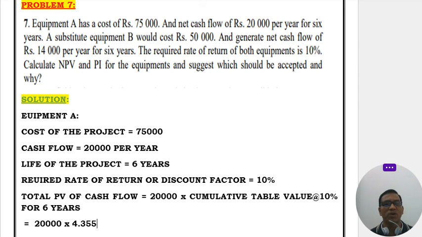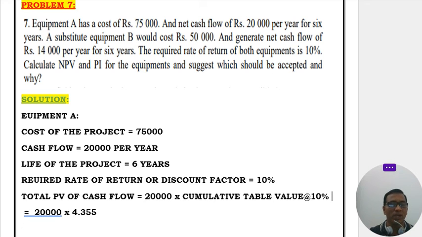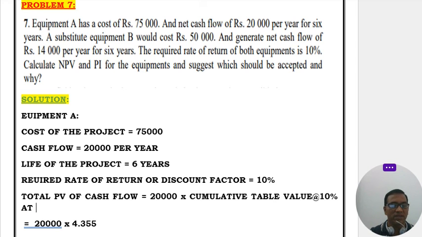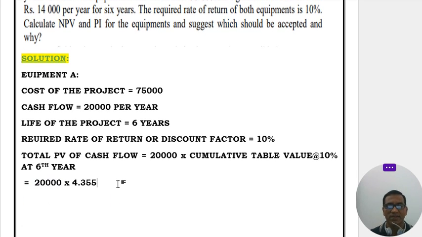Directly cash flow per year multiply with the 10% 6th year cumulative table value. You have to take the cumulative table value at the 6th year, directly 4.355. That equals 20,000 multiply with 4.355.